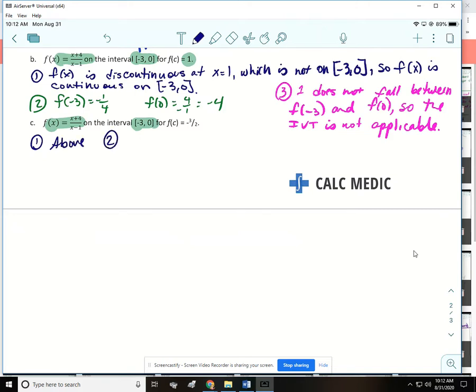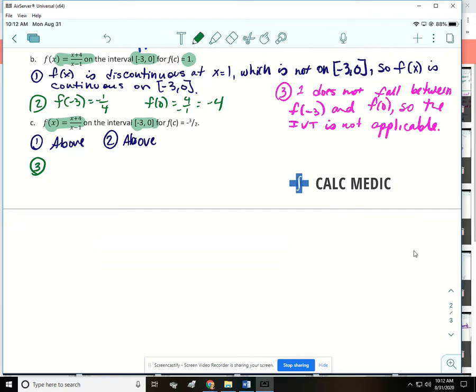We've already verified that the function is continuous on the interval. We've already found f of -3 and f of 0, so we don't have to do that again to save time. Now, your problems aren't going to be like this. It's not going to be the same function 3 times, so you'll have to do it on each of these.